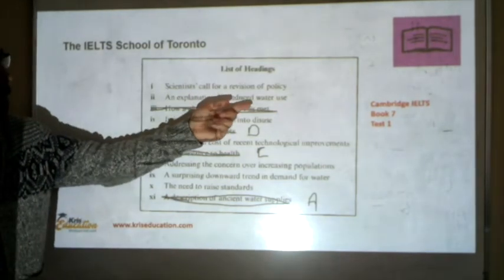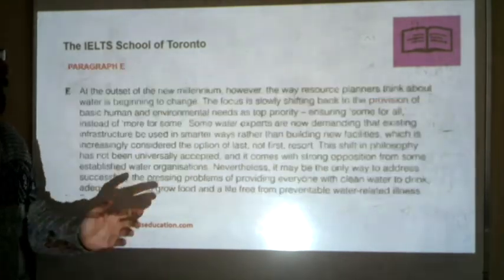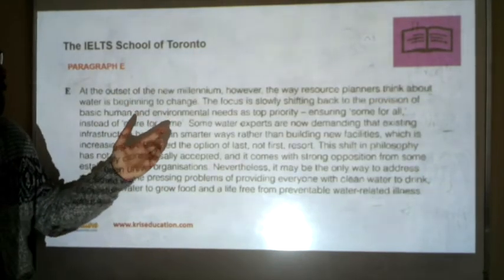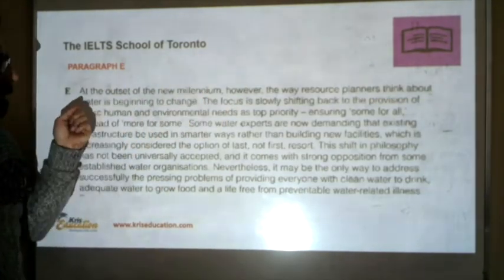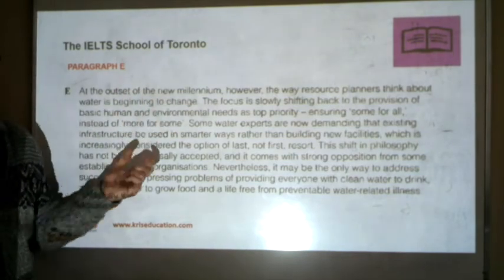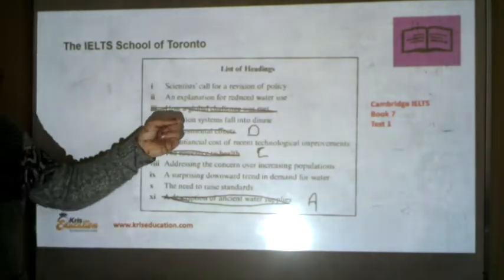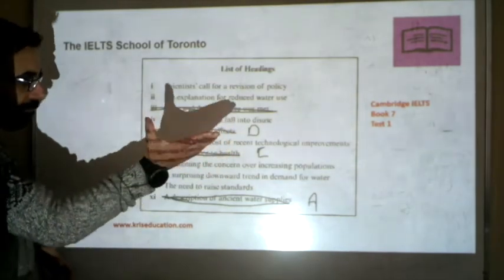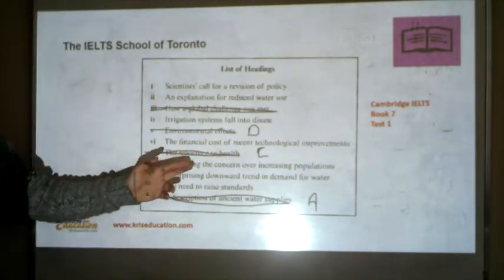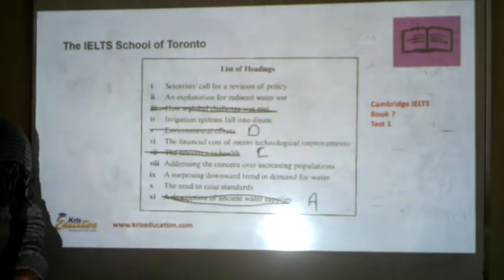Explanation for reduced water, nothing. So again, this sentence is only telling you the way resource planners think about water is changing. Irrigation systems, nothing. Financial cost, nothing. Concern over increasing population, nothing.